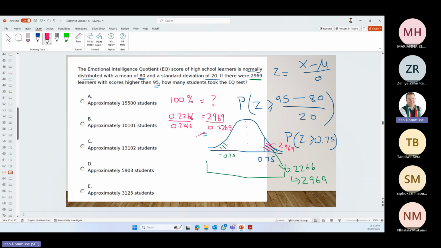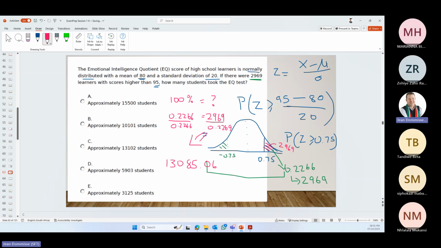To get to the full answer of all the students in the class, not just the ones that are getting 95% and higher, all of the class. So 2,969 divided by 0.2266 gives us 13,085.06.